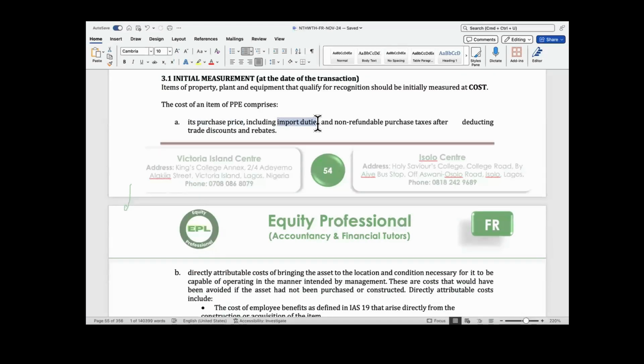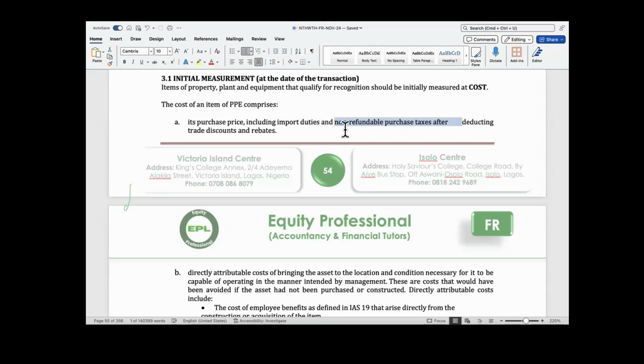Then you will have to import it, and import duties would also be considered as part of the cost. And also non-refundable purchase taxes. Usually, whenever you buy any item, the laws of many countries will require that they add VAT.